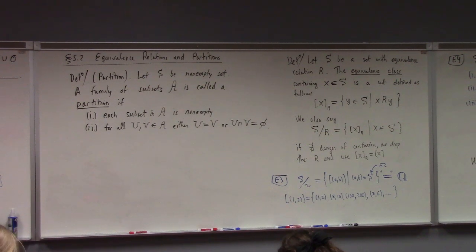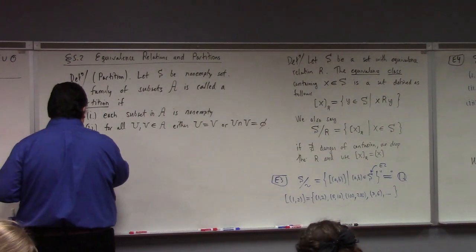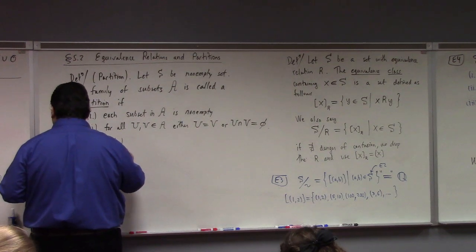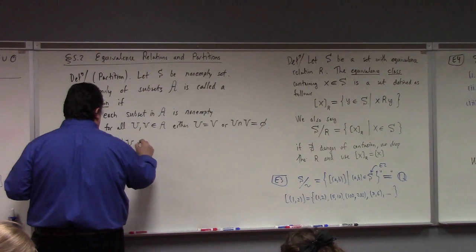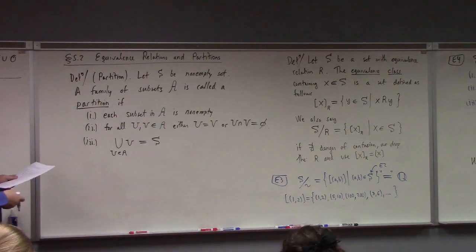There's no intersection between any two subsets forming this family. And then 3, the union over u in A of u is equal to S. So the union of all the sets forming the partition gives us the entire set. This is a partition.